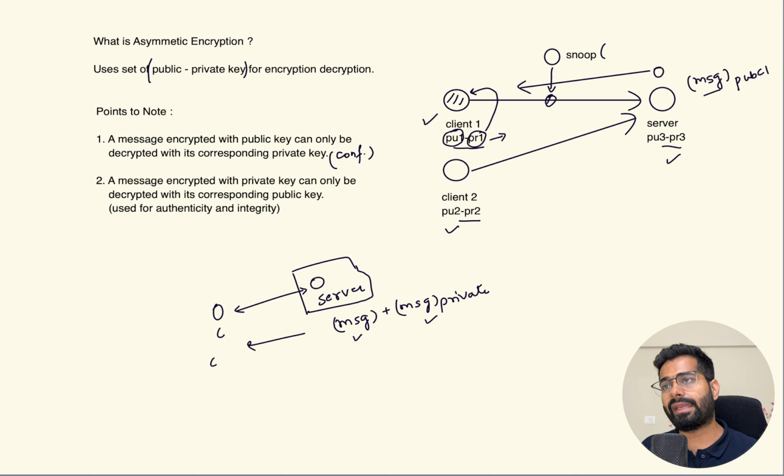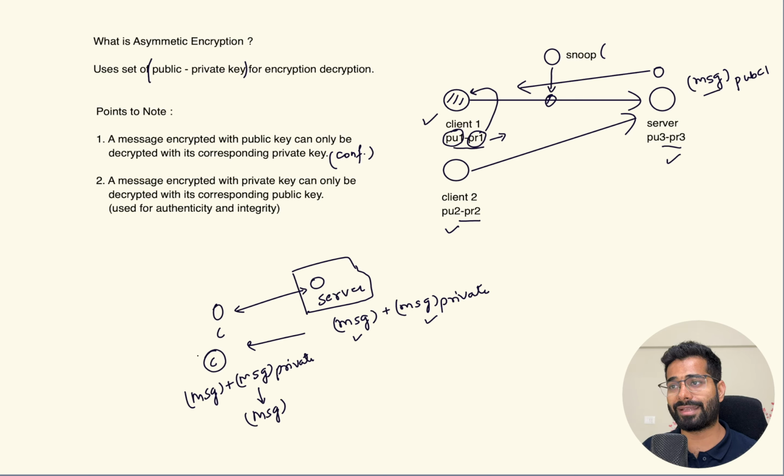Now the client is in possession of the public key of the server. So it will take the message as well as the encrypted message. Using the public key, it will decrypt the encrypted message, so we'll get the message. How will it be able to decrypt it? Since it has the public key and the private key has been used to encrypt the message, the message would be decrypted, and then it will compare both messages.